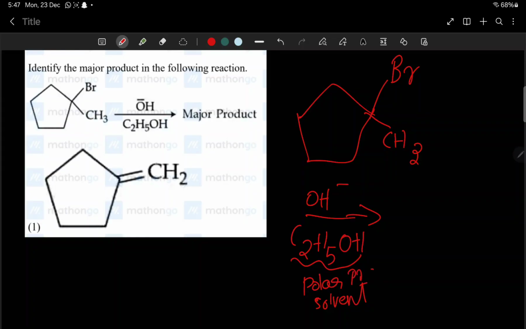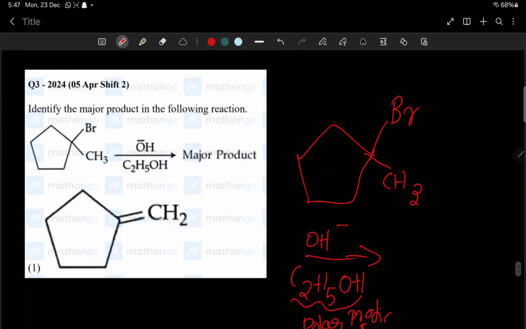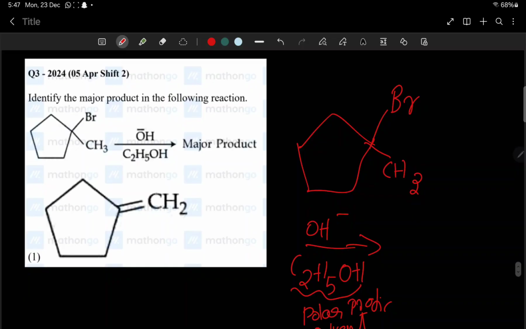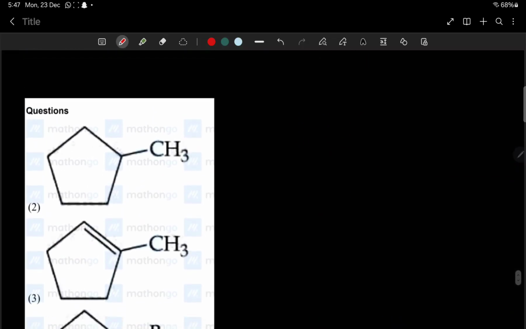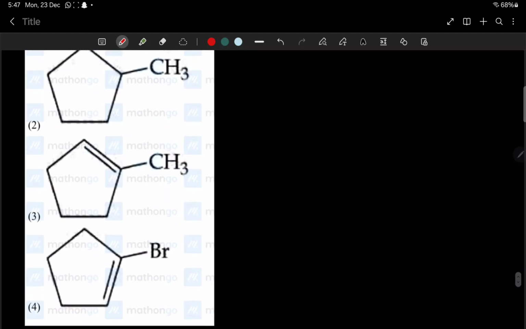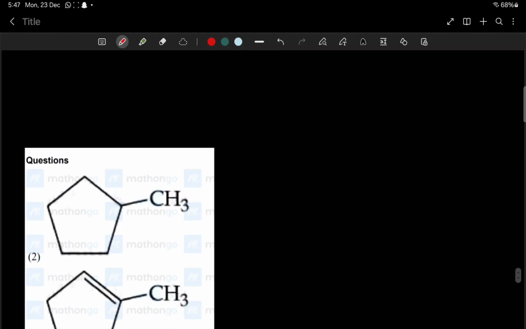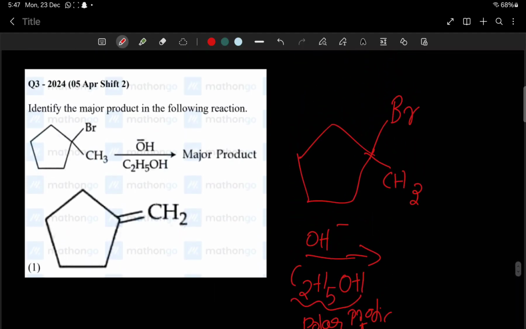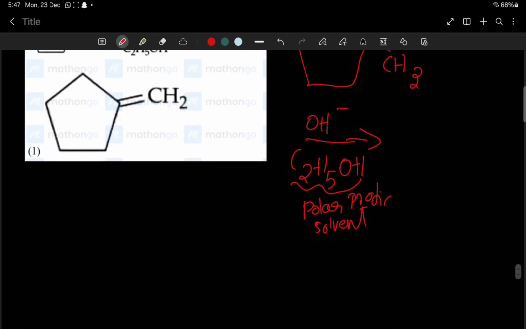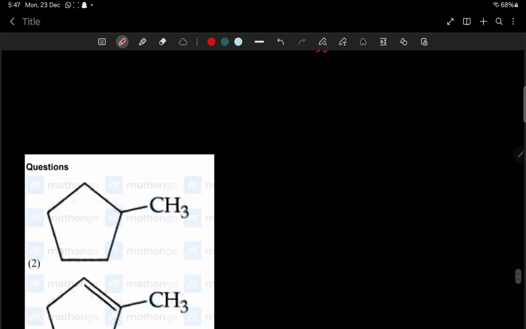Elimination will happen. For elimination reaction, this Br should go from here. Which one is possible? Right, which one will be possible? We'll just check. Br should go. So this thing is possible.